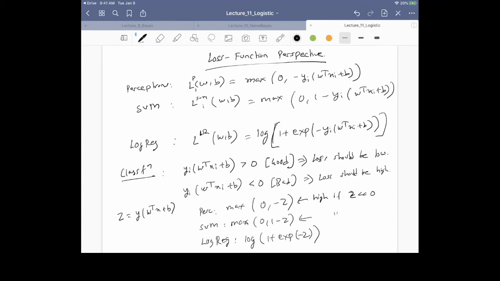When z is negative, exp raised to minus z will be large and positive, and log of that will also be positive. So the more negative z is, the larger the loss. Intuitively, you can view all of these from the loss function perspective, and they are essentially doing the same thing.